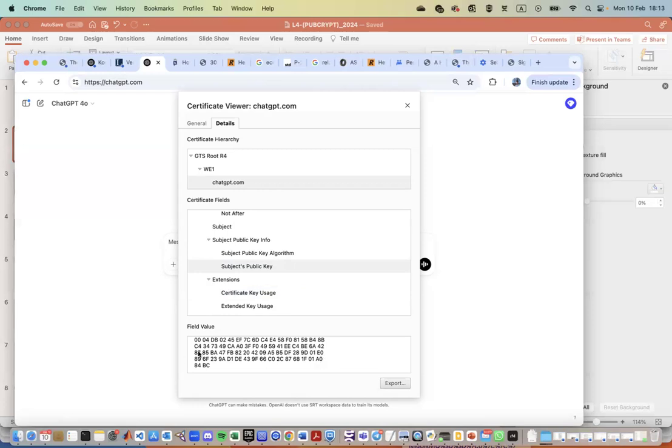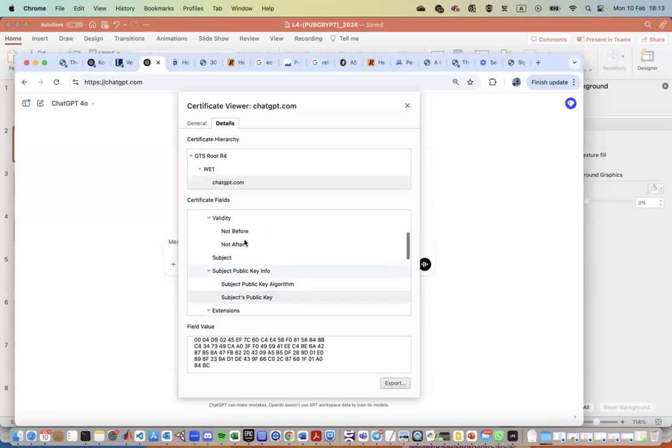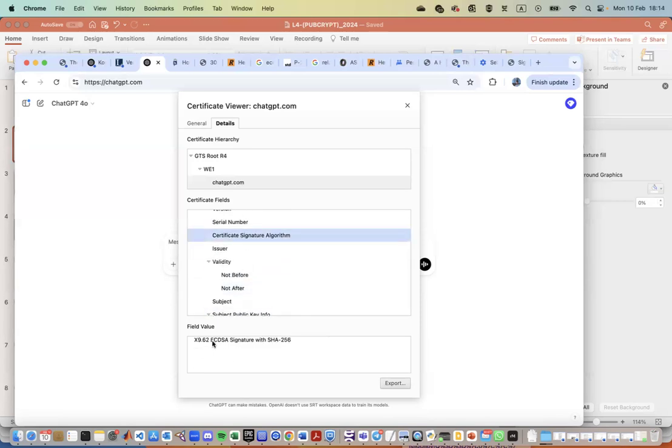It's just numbers, and altogether these are just very large integers. Looking a little bit ahead to the topic of tomorrow's lecture, this algorithm is based on so-called elliptic curve cryptography. The ECDSA acronym stands for Elliptic Curve Digital Signature Algorithm.